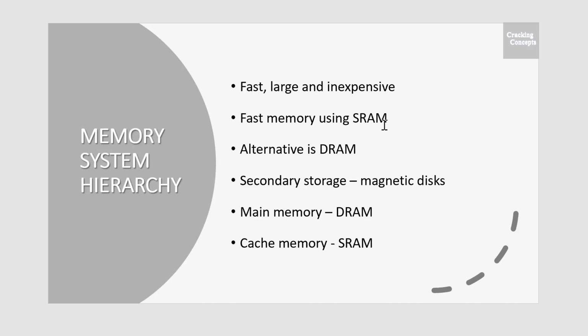Thus, for cost reasons, it is impractical to build a very large memory using static RAM chips. The alternative is to use dynamic RAM, which has much simpler basic cells and thus is much less expensive. But such memories are significantly slower.